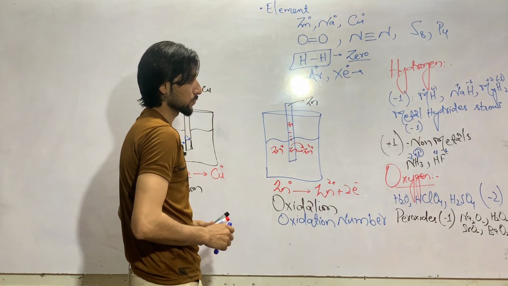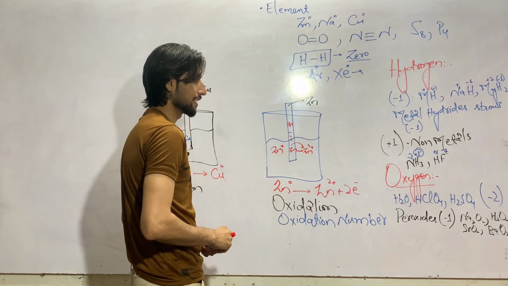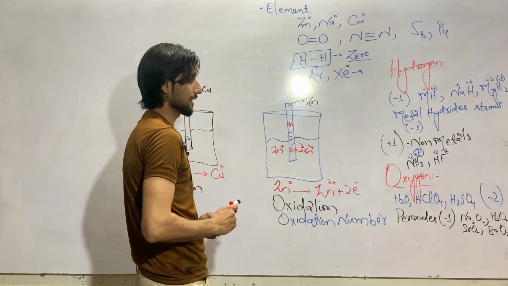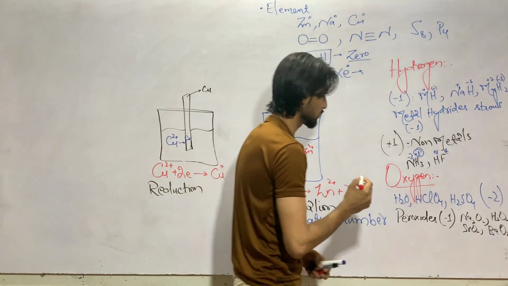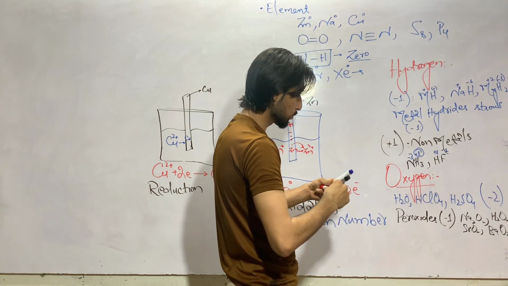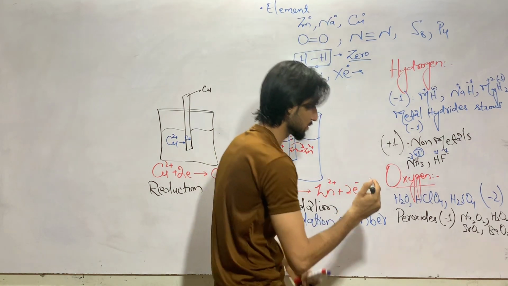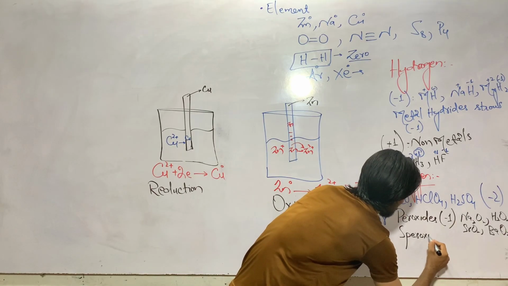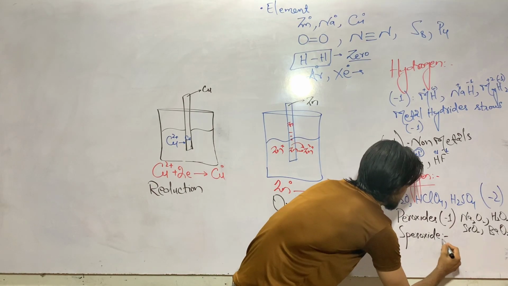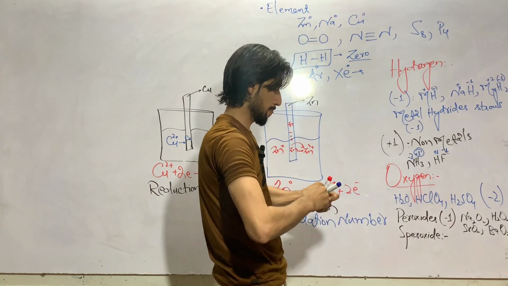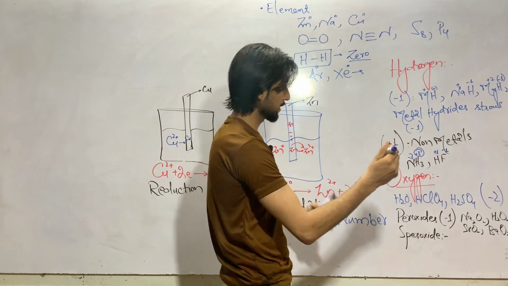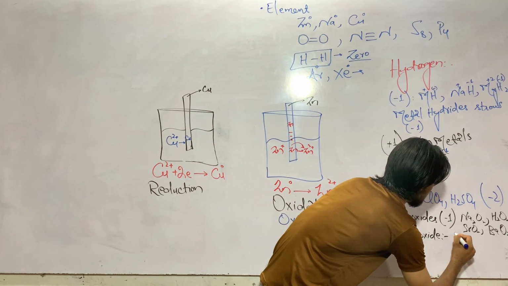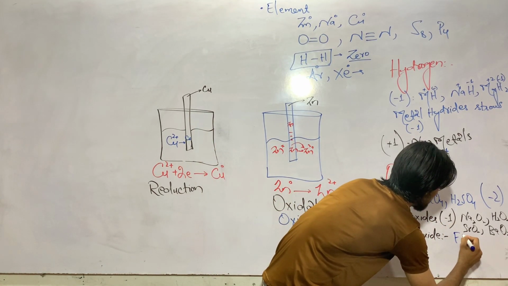Another thing in which oxygen is in a different oxidation state than -2, that is not peroxide but superoxide. In superoxide, it is in -1/2. Should I give you an example? Yes, I must. That is francium superoxide, Fr.